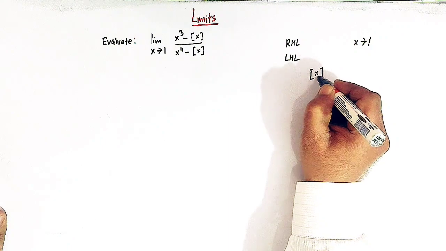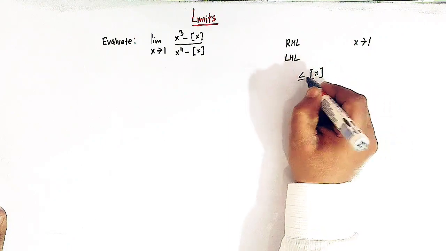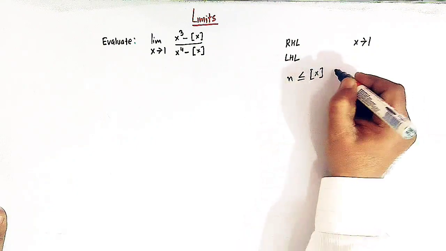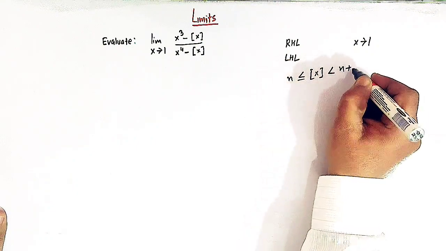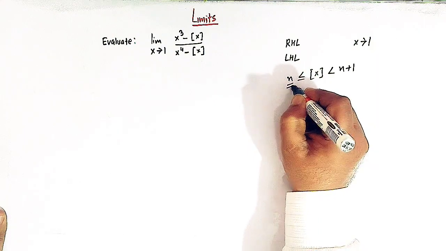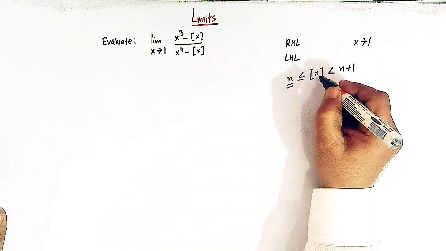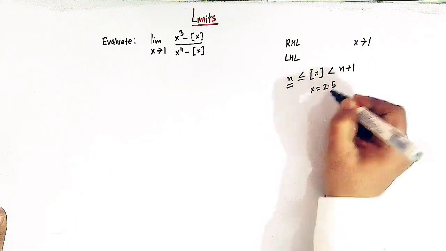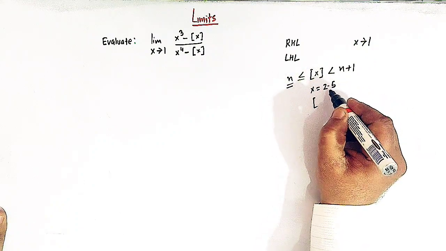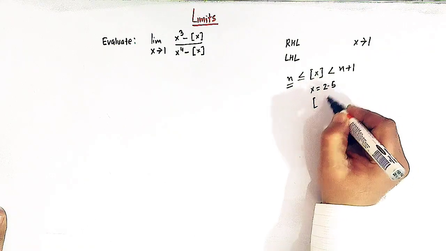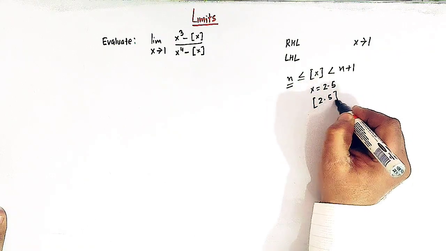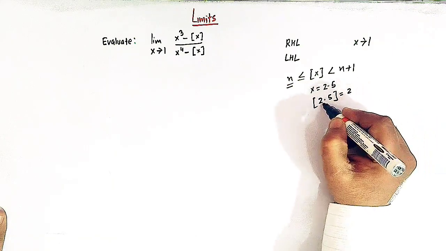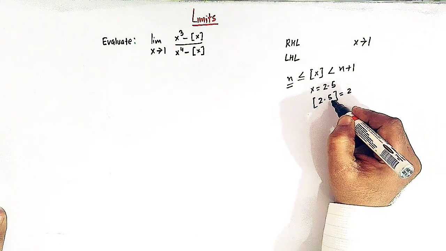Now see, greatest integer of x is defined as: greatest integer of x is greater than or equal to n and less than n plus 1, where n is some integer. For instance, if we take x is equal to 2.5, then what is the greatest integer of 2.5? This is obviously 2, because 2 is the greatest integer less than 2.5.